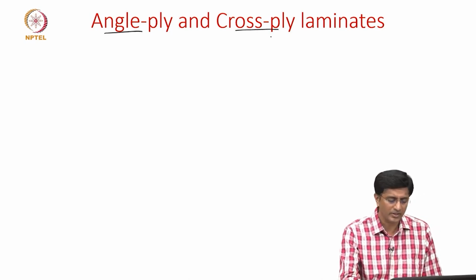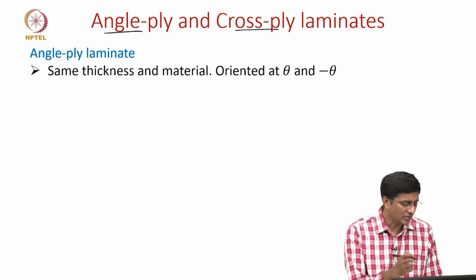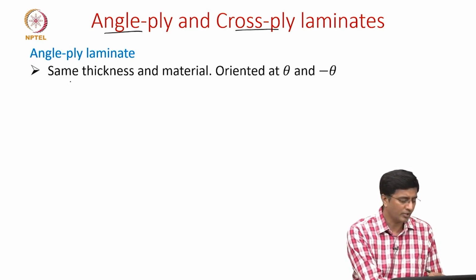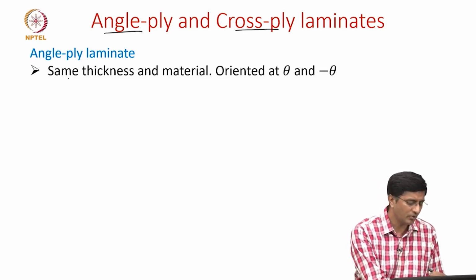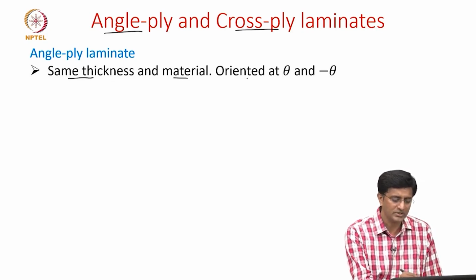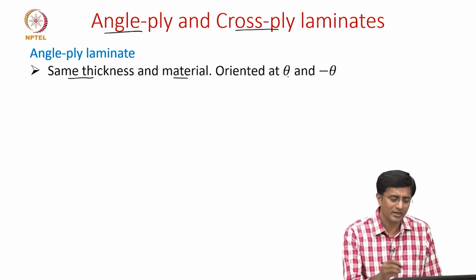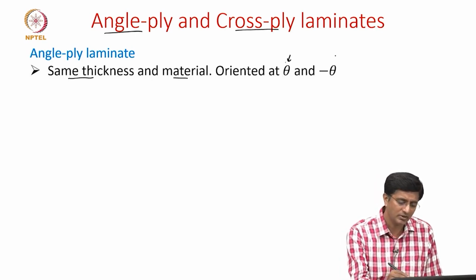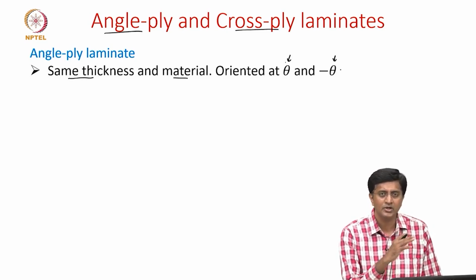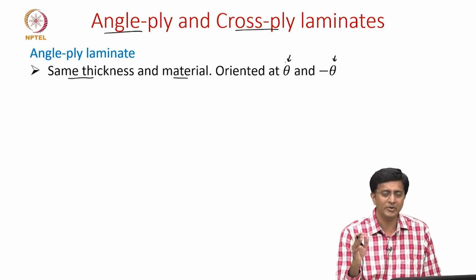Okay, so let's start with angle-ply and cross-ply laminates. First let's look at how they are defined, starting with the angle-ply laminate. Here again we are talking about all the laminas made of the same thickness and same material. The only difference is that all of them have only one angle, either plus theta or minus theta. Meaning, if theta is 30 degrees, all layers in this laminate are either 30 or minus 30.